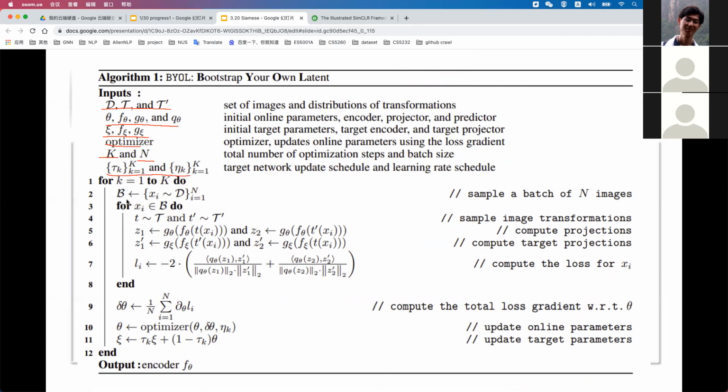So after we sample the batch of n images, we first do the data augmentation. Here you can also regard this as a transformation, and then get the latent vectors of pictures Z1 and Z2, and the latent vectors Z'1 and Z'2. Here, I think you can understand because I said that is a conversion. So he just computed twice.